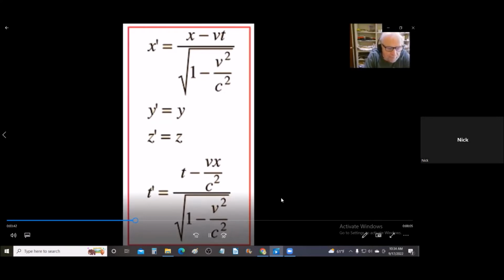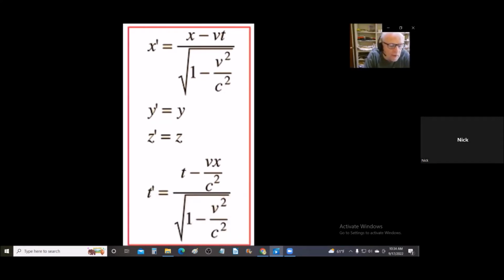Similarly, for time, the Lorentz contraction factor comes from time dilation, or in Lorentz's original equation, it was called clock retardation, talking about a physical effect.